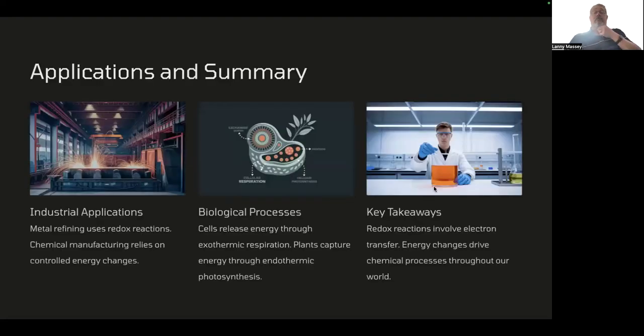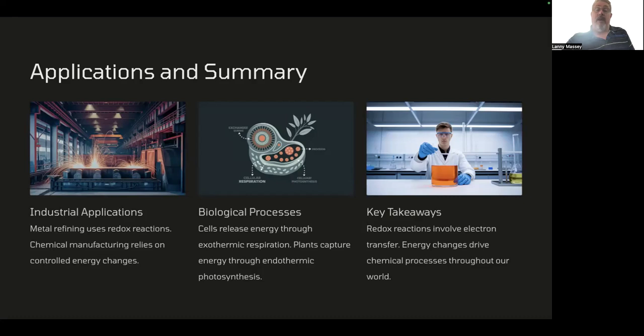All right. So in the end, what do we get out of this? Well, we have different applications for redox reactions and for endothermic and exothermic reactions, because in most cases, reduction oxidation reactions are either storing energy or losing energy. This happens in industrial applications, chemical manufacturing, things like that.